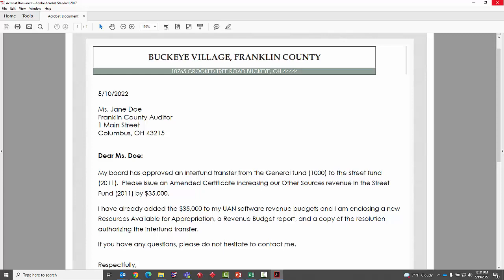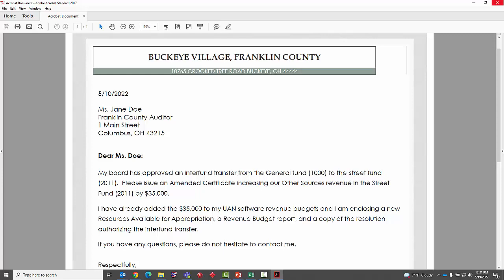So when you're requesting an amended certificate, you've done a transfer between general and street. You are only requesting an amended certificate for the transfer in the street fund. So your letter to the county auditor would say, the governing board approved an interfund transfer from the general fund to the street fund in the amount of $35,000.